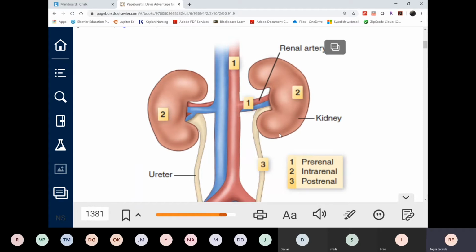What is that oral diabetic medication that we hold if the patient receives any IV contrast dye? Metformin. Very good. So we have a lot of medications. We have a list there. NSAIDs are also included, especially the parenteral form of NSAIDs.